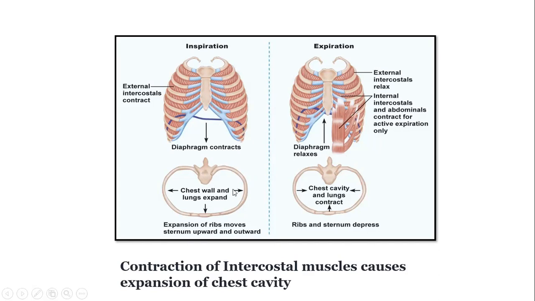The negative pressure that is created causes the process of inspiration, that is, air is taken in. And on the other hand, here the intercostal muscles undergo relaxation. The diaphragm also takes its original position and there is contraction of the chest cavity, because of which expiration takes place, that is, air is expelled out.